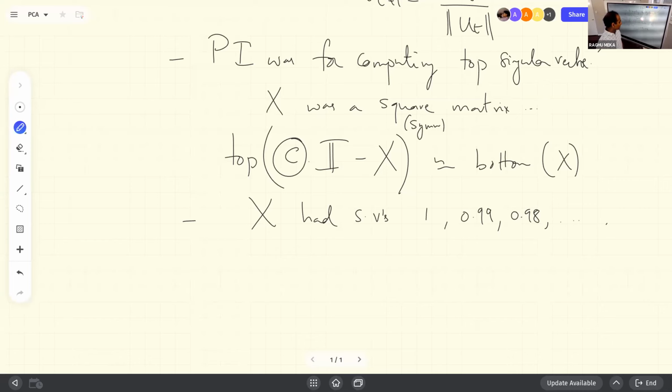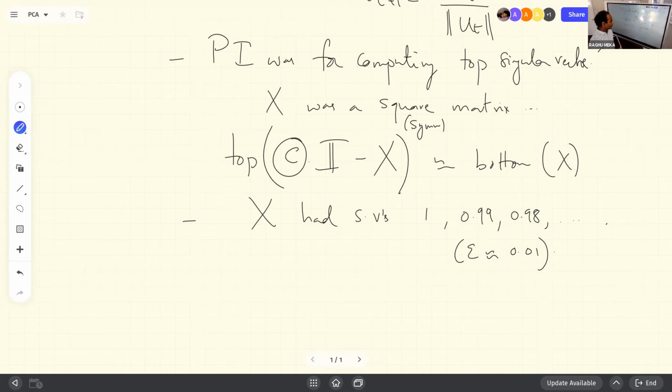So now if I run power iteration, the convergence is going to be slow, right? Because the gap between the first and the second is very small. So the gap epsilon is like 0.01. There's only a 1% reduction from the first to the second.